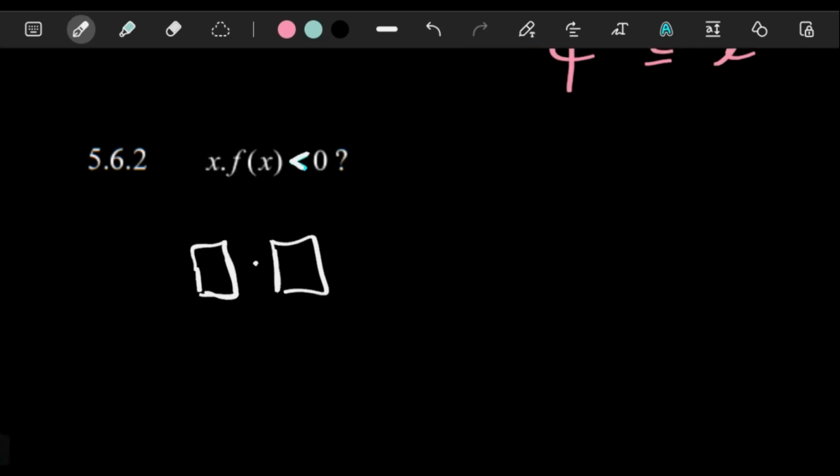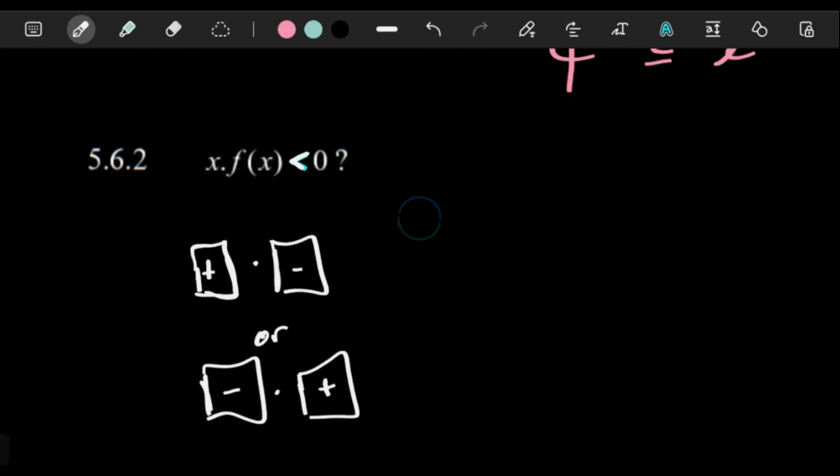So two things are being multiplied together. The only way you'll have a negative value coming out is if one of them is a plus while the other one is a minus, or if this one is the minus while this one is a plus. It's all a matter of determining, where will this one be a positive number while this one is a negative number? Where will this one be a negative number while this one is a positive number? Because as long as that's happening, this will always be a negative.